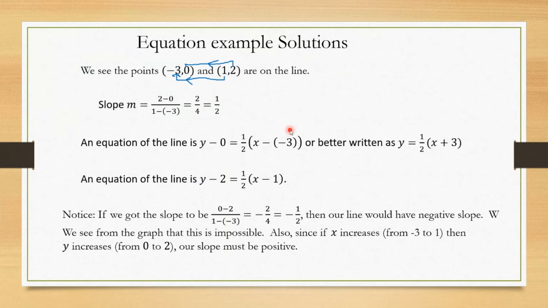So we have y minus the y-coordinate, which is 0 in this case, we're using the first point, equals 1/2 times x minus -3. Which you can better write as y equals 1/2 times x plus 3. Like so.